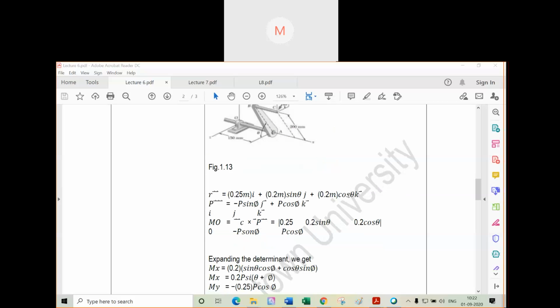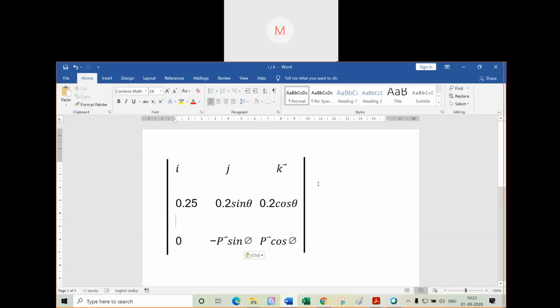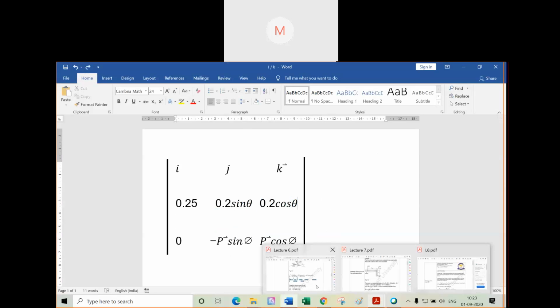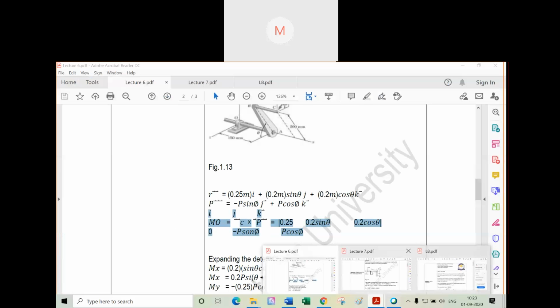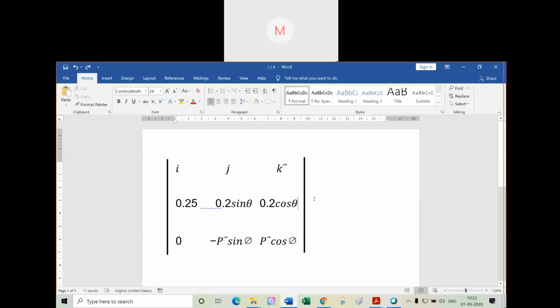Now you have to write like this. In this part, I have written these three lines here. Can you see this, students? Yes, sir.